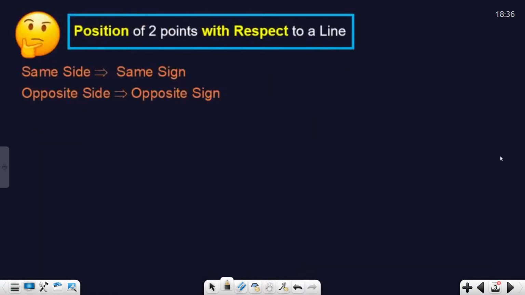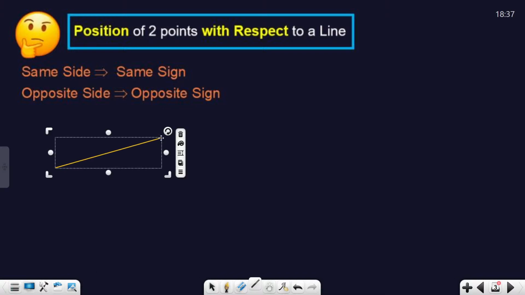See, the first topic is position of 2 points with respect to a line. So let us say that there is a line and we are having 2 points.